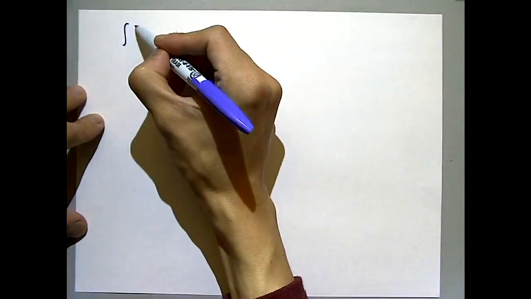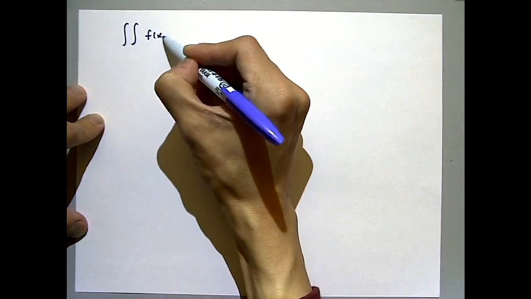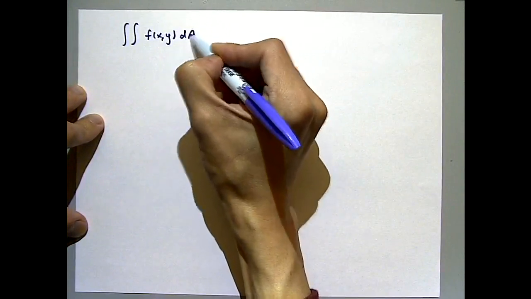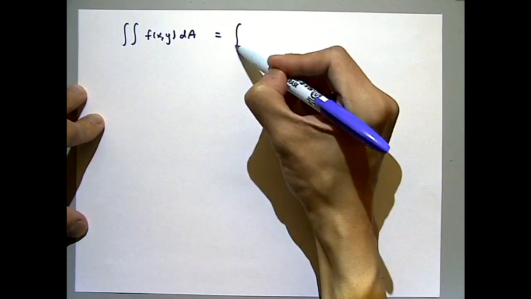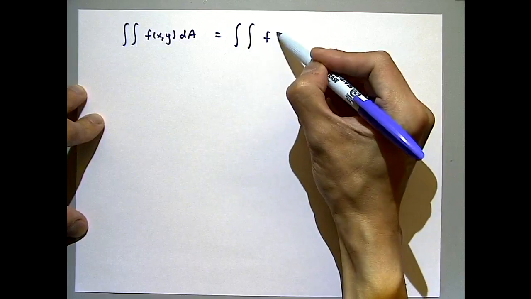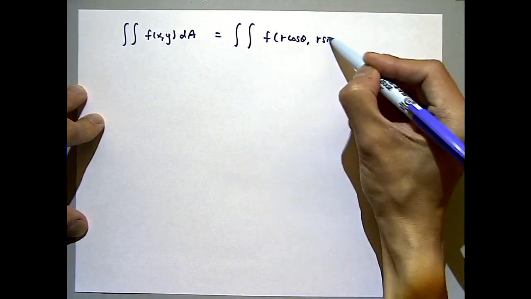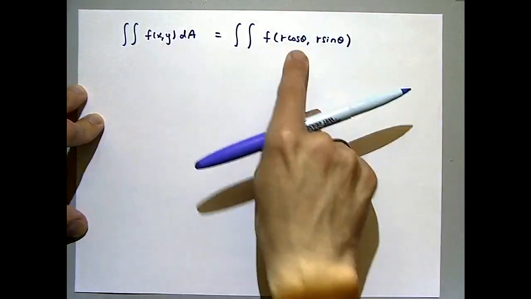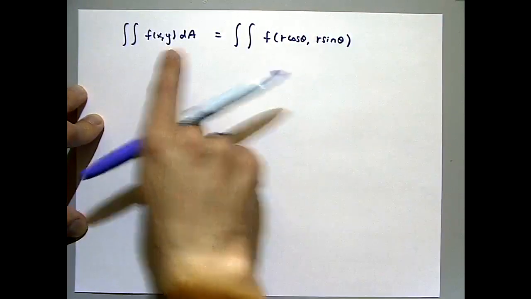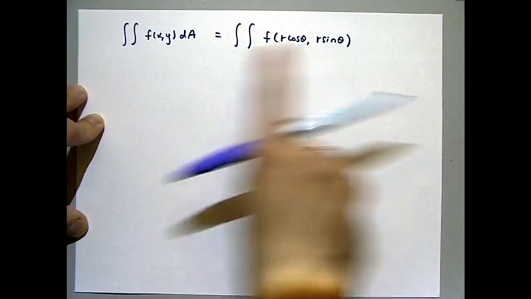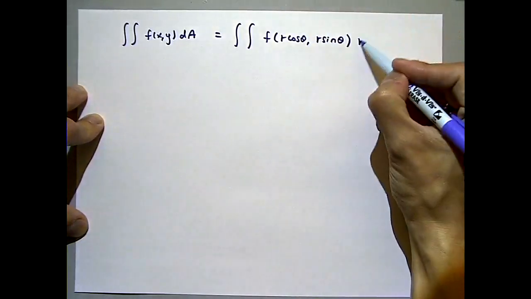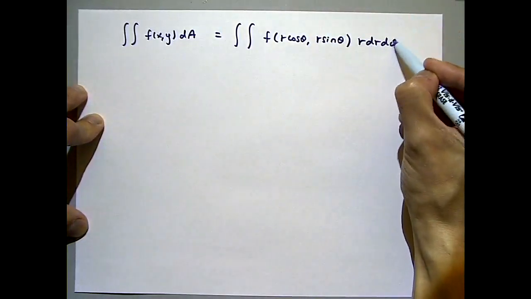And therefore, the original one can be turned into the same function, but x becomes r cosine theta, and y becomes r sine theta, and dA becomes r dr d theta.